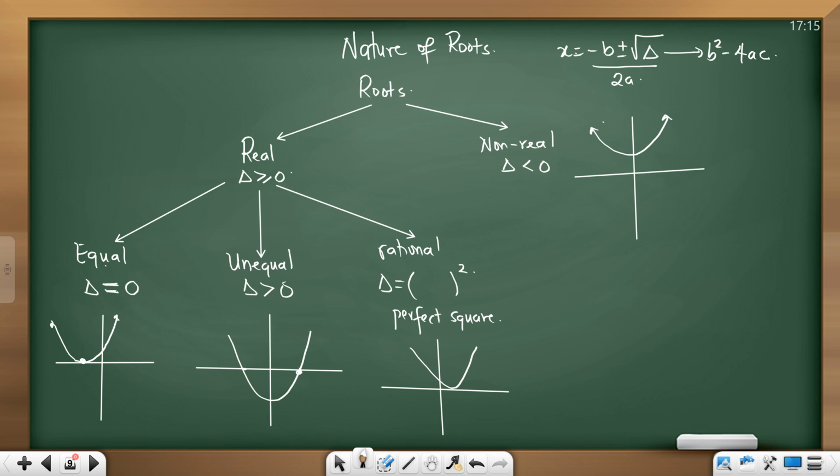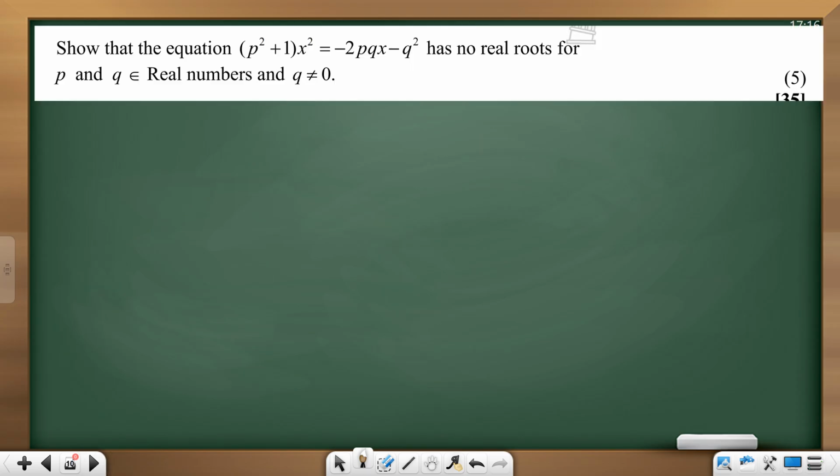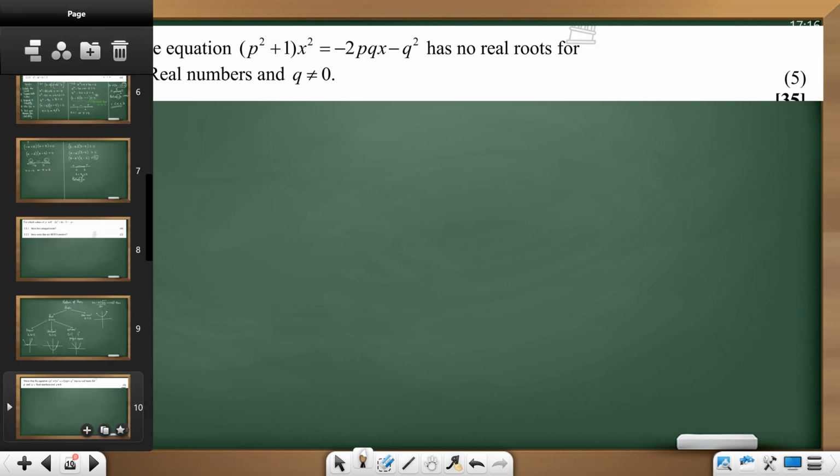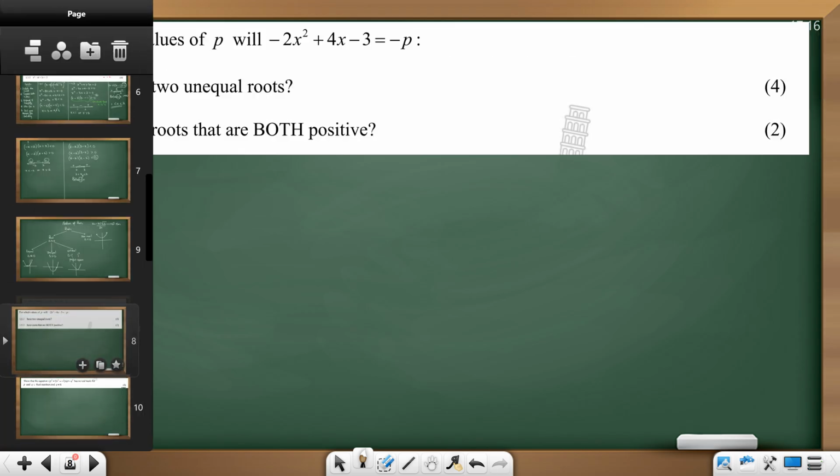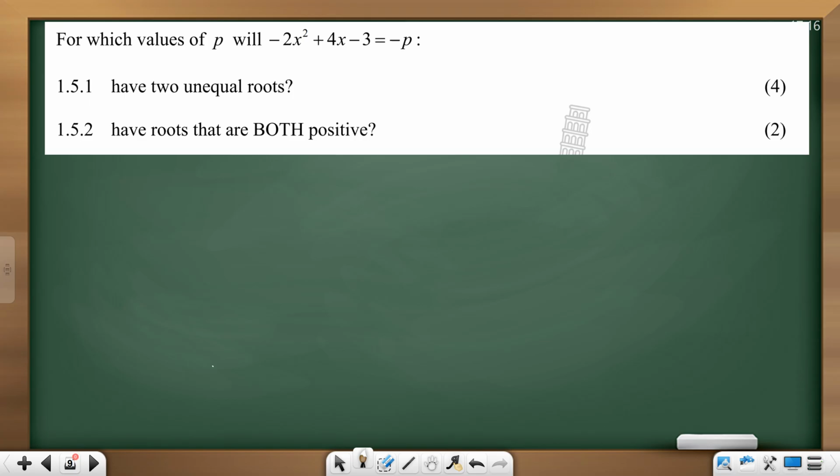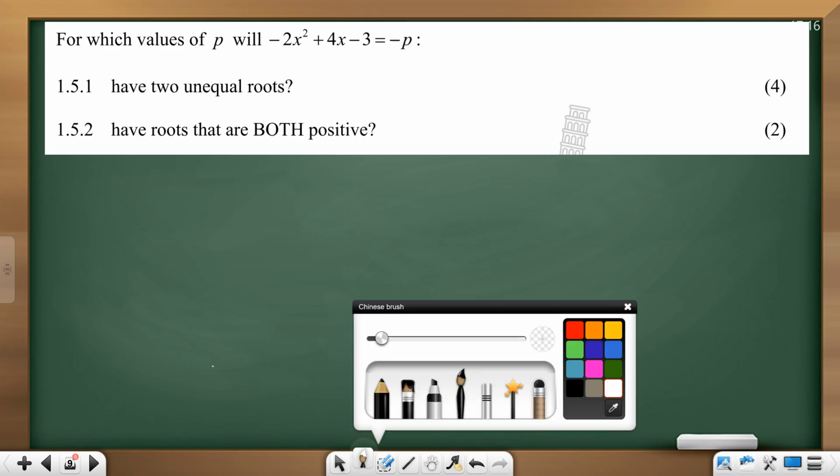Can I run with a question? Okay, let's answer now. All right, for which values will this?